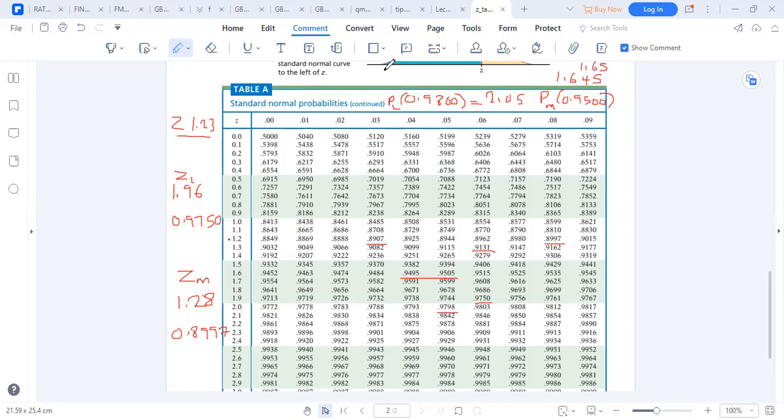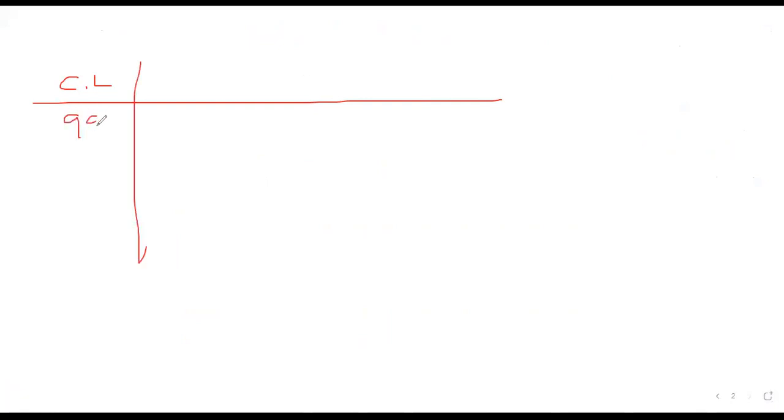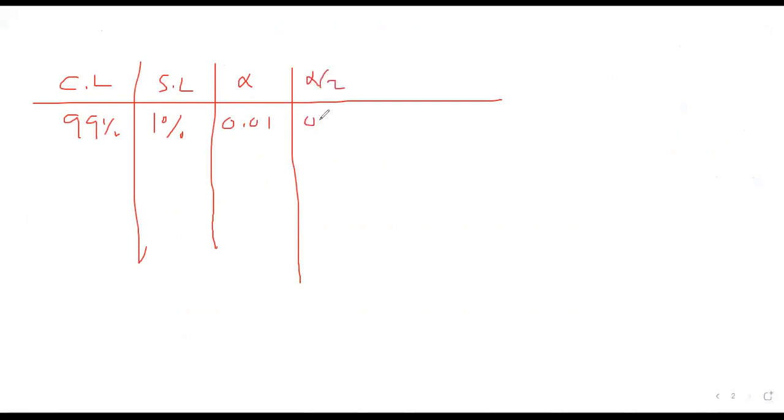Now, how to read the tables is very important from the knowledge that I've just taught you. So we have 99%. The difference from 100 is a significance level, which is 1%. When you convert to decimal, it's 0.01. And when you divide it by 2, 0.005.